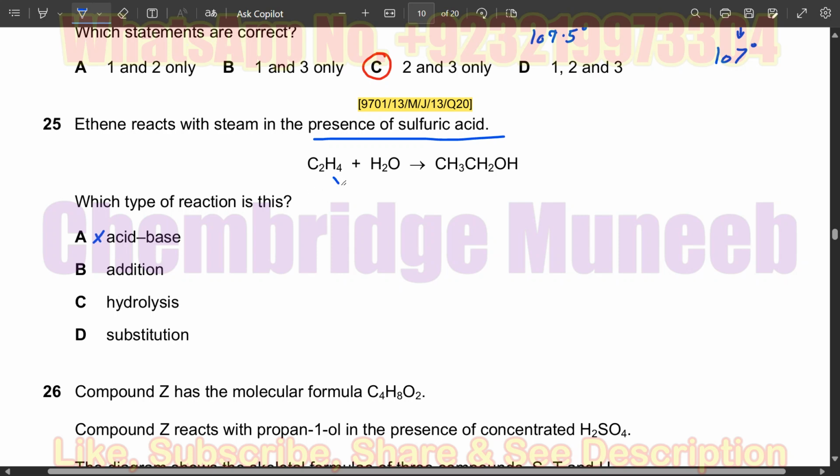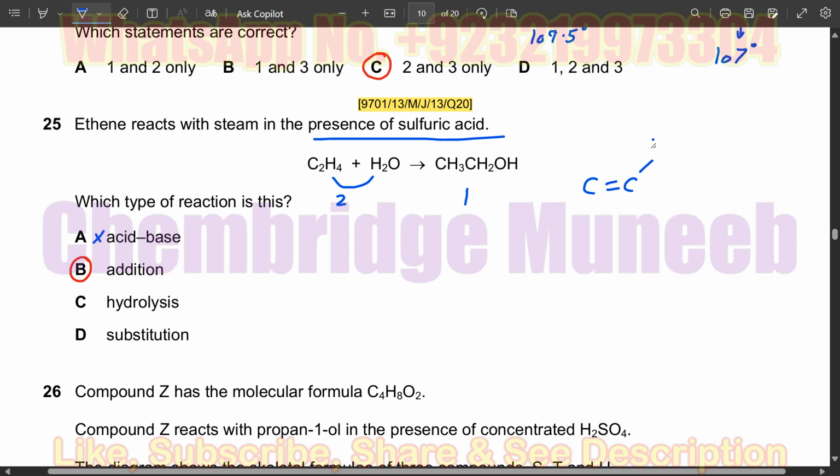Addition, yes, it is addition because there are two reactants and the product is one. So adding two or three reactants together to give a single product is a kind of addition reaction, and this is an addition. We can also expand this equation.